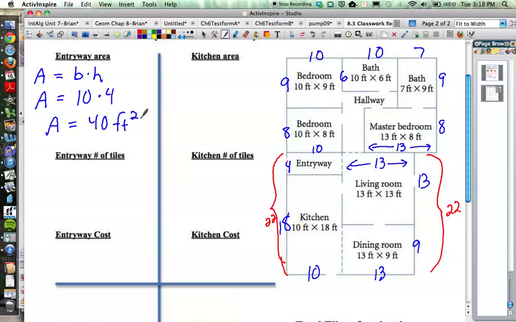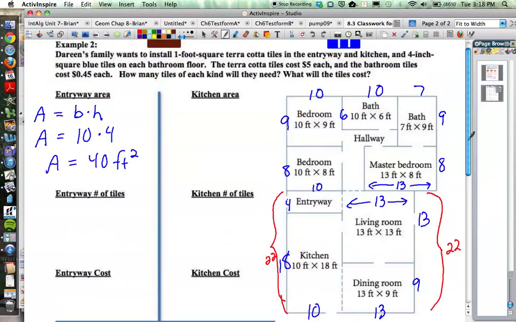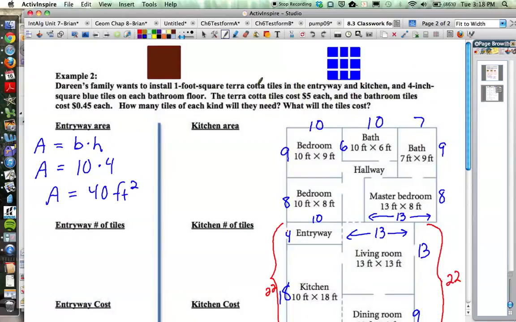How many tiles is that? Well, luckily, on that one, that is fairly easy, because it says that each square terracotta tile is 1 foot. In other words, 1 foot by 1 foot. So each square foot, right, because this is 1 square foot here, 1 by 1, is one tile.